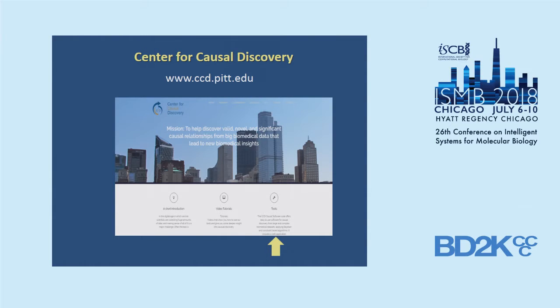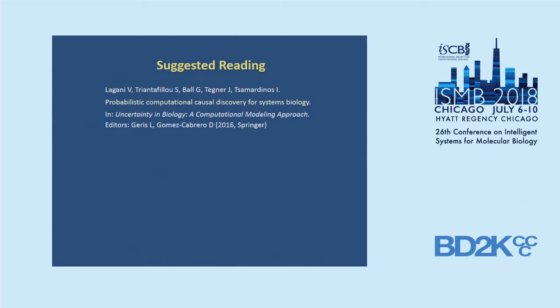And we have a set of free open source tools that you can use to do causal network discovery and put that into your own pipelines, as well as a desktop application. And this is a good paper to look at for further literature that goes to the next level of detail. It's called Probabilistic Computational Causal Discovery for Systems Biology. And if you put this into Google Scholar, you'll find a PDF of this chapter that occurs in a book here.